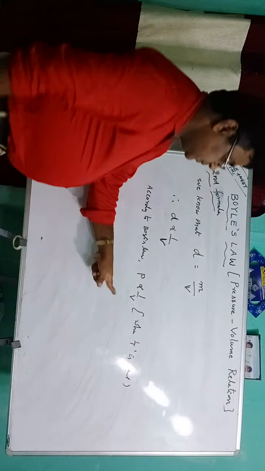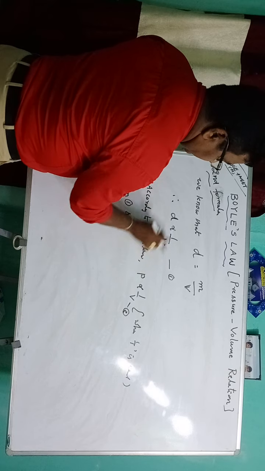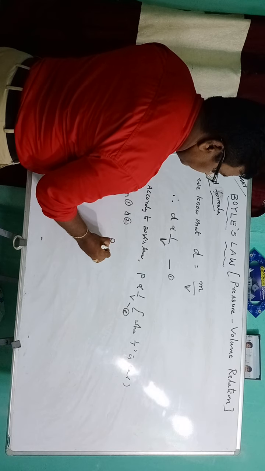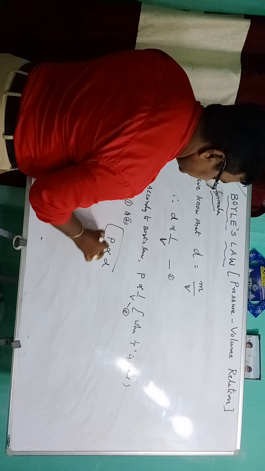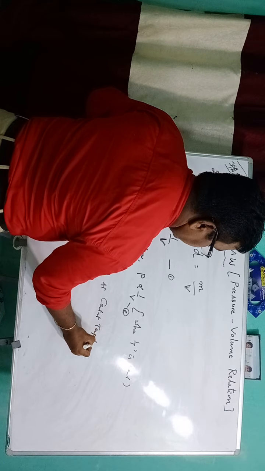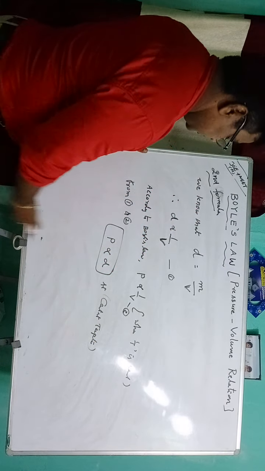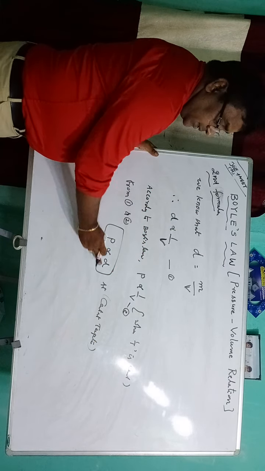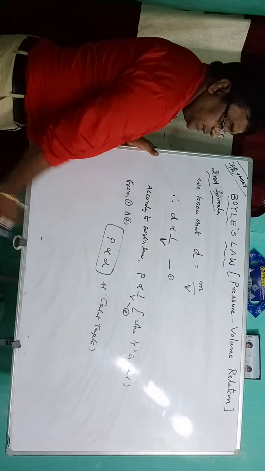From equations 1 and 2, P is proportional to D at constant temperature. Here P is the pressure of the gas, and D is the density of the gas. So it is also written as P1 by D1 is equal to P2 by D2.